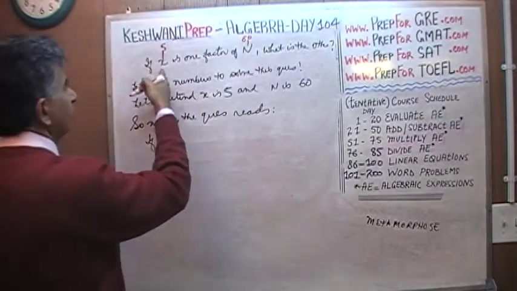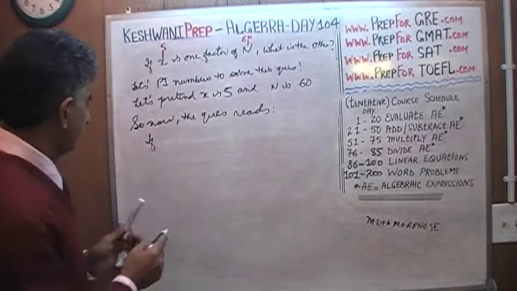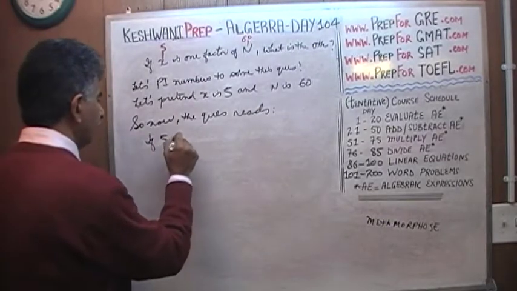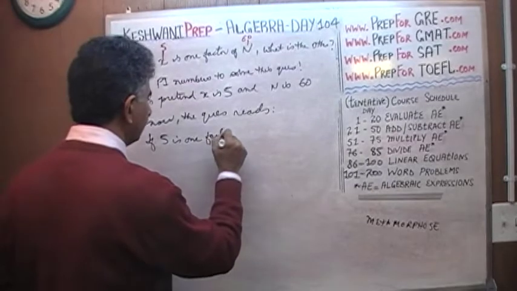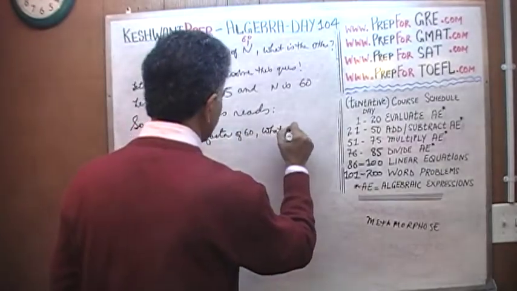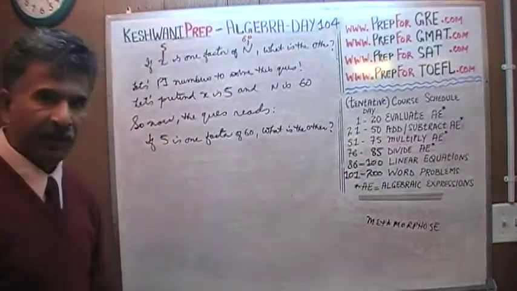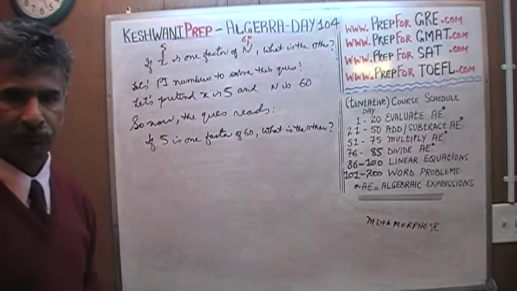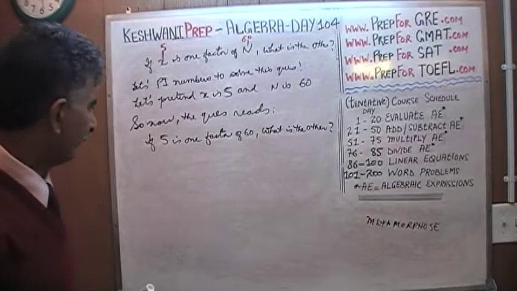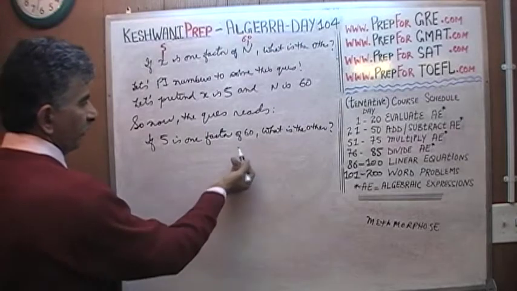So now the question reads, if 5 is one factor of 60, what is the other? Well, how do you paraphrase this question? How do you state this question in a little different way? Another way of saying the same question would be, if 5 is one factor of 60, what's the other?